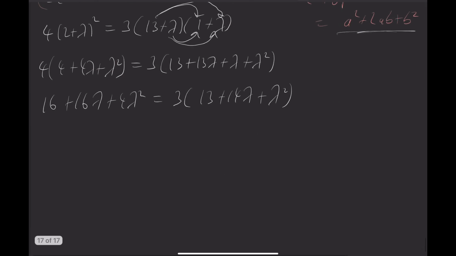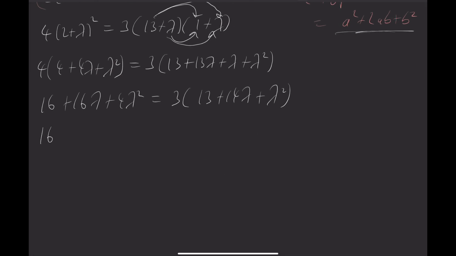Mine isn't, so I tend not to. So this stays 16 plus 16 lambda plus 4 lambda squared, and I get 39 plus 42 lambda plus 3 lambda squared. 3 times 14 is the same as 6 times 7. So halve one, double the other, and that lets me do that by inspection.